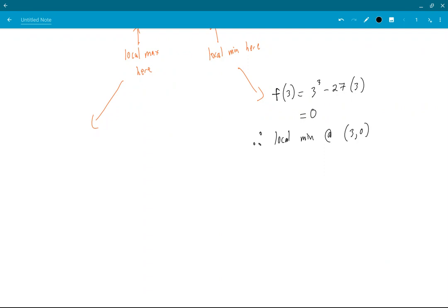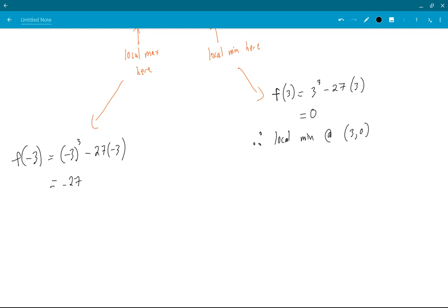Now if I take negative 3 over here, f of negative 3, what do you get? Negative 3 cubed minus 27 times minus 3. Oh, I made a mistake, didn't I? I'll fix that in a second.